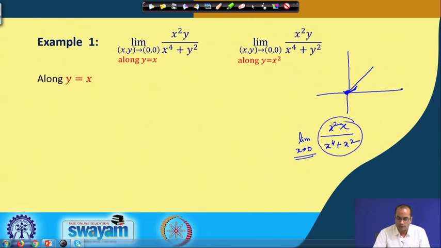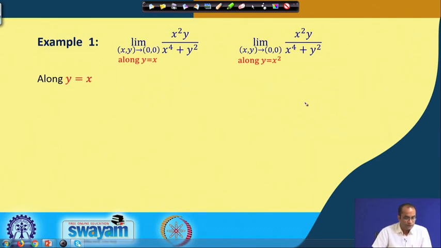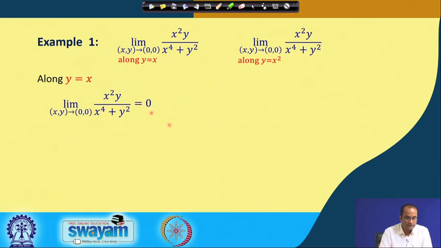Here we can cancel out x square. So you have x over x square plus 1, and then this limit will go to 0. So, along this path y is equal to x, along this straight line approaching the origin, we are getting this limit as 0.